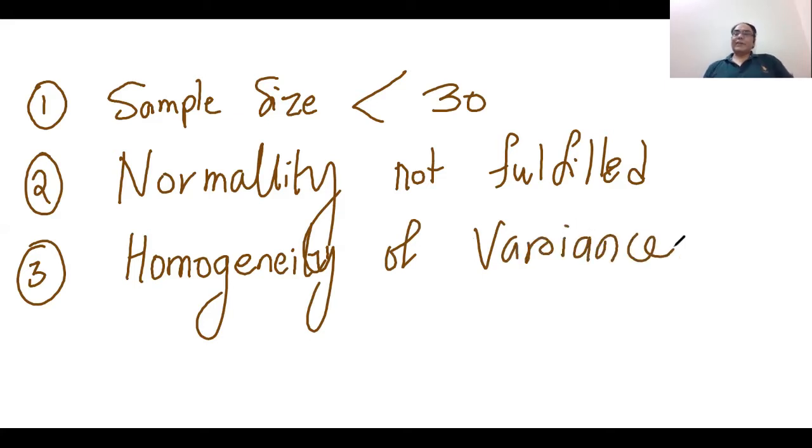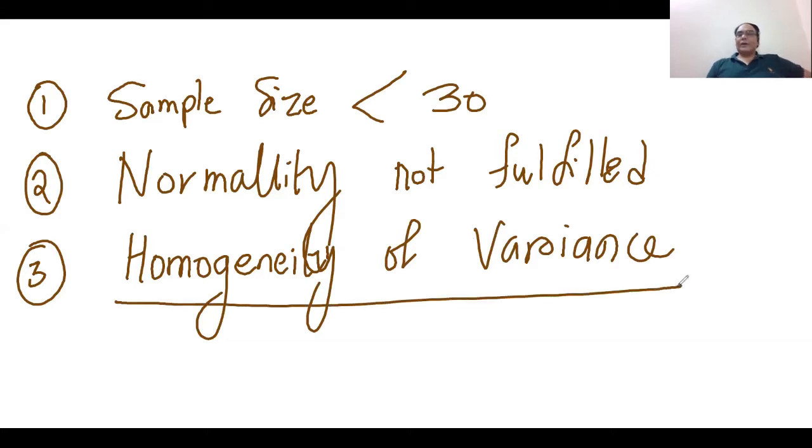If the variance of two samples are not equal, then we may also come to the non-parametric test. But homogeneity of variance is not a sound condition. The condition is that your sample size should be less than 30. The condition number one and condition number two are the main reasons of shifting to the non-parametric test.